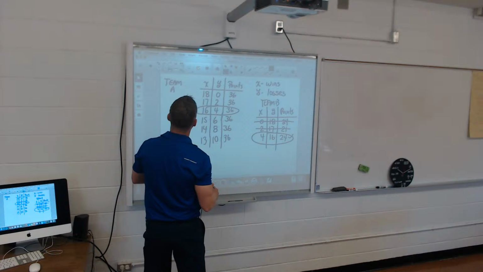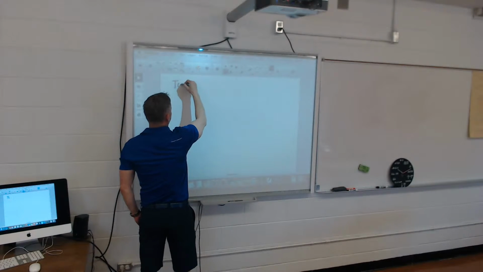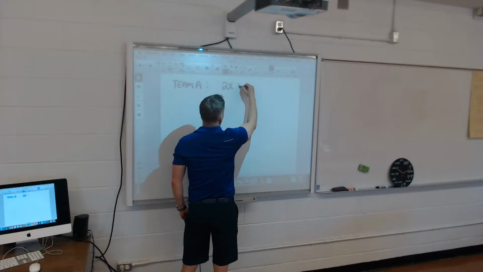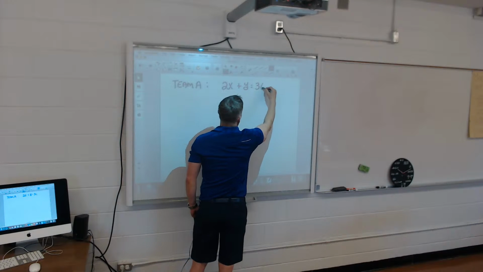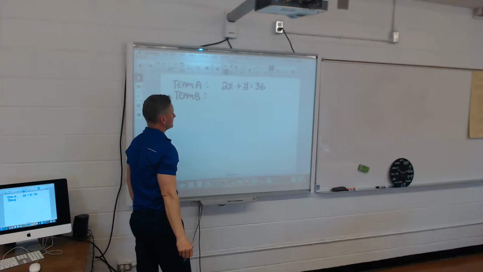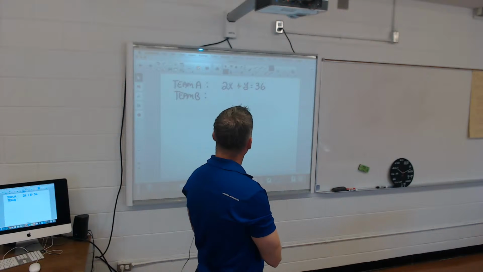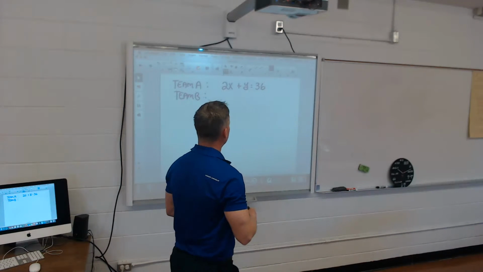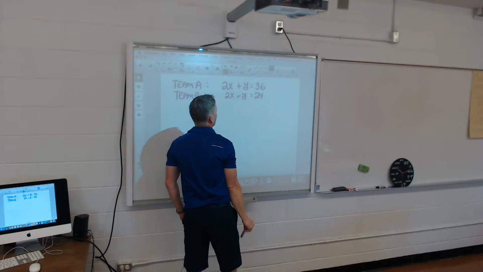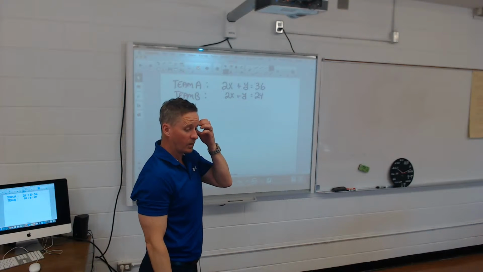Well, the mistake I made was this. This was good for Team A. Okay? But how do I do this again if Team B has, if I did the 2x plus y equals 24, all right, let's use a substitution method and see if this works.